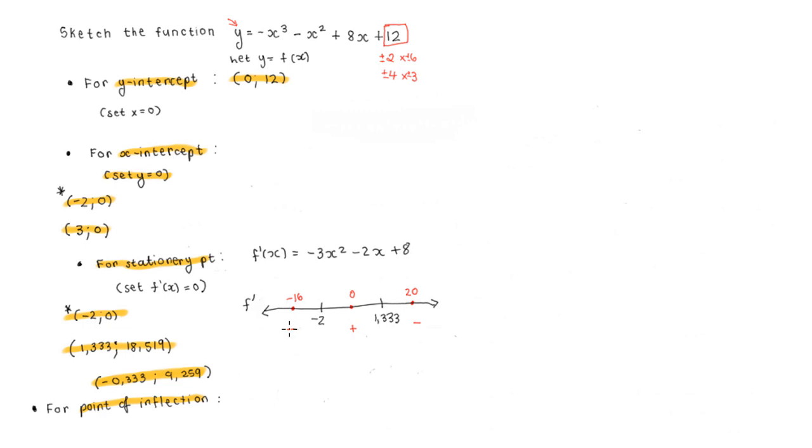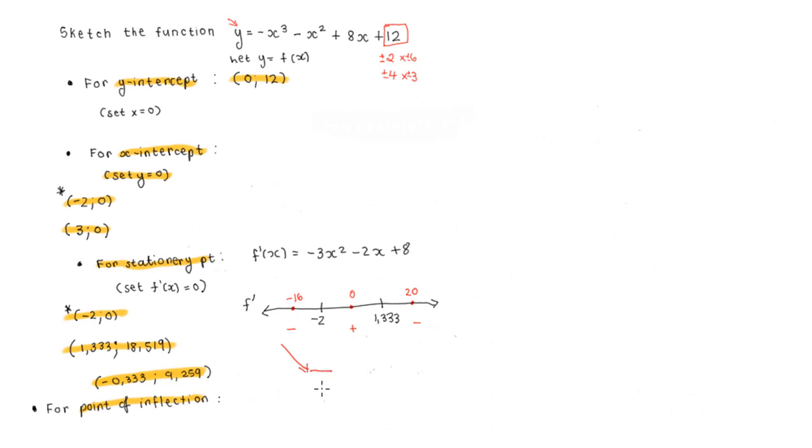It's also the gradient of the tangent lines along this f of x function. But if you want to interpret it even further, it's telling you that for this interval, f of x is decreasing. And then you're going to have a tangent line at -2, which is your stationary point, that's going to have a gradient of 0.